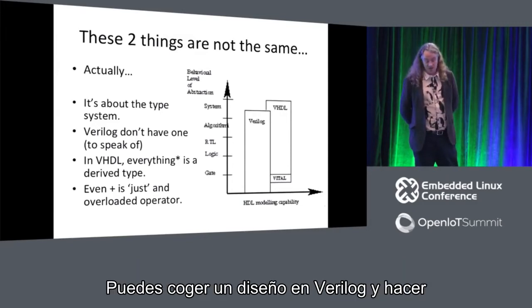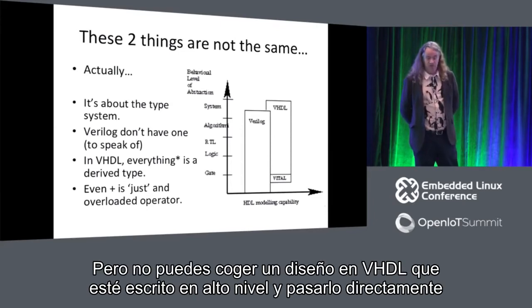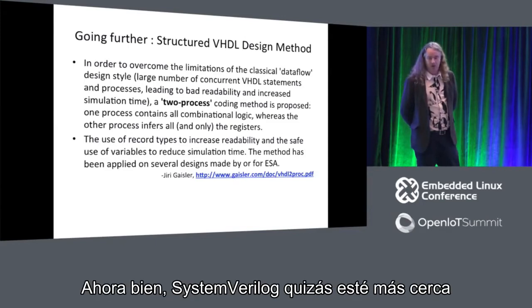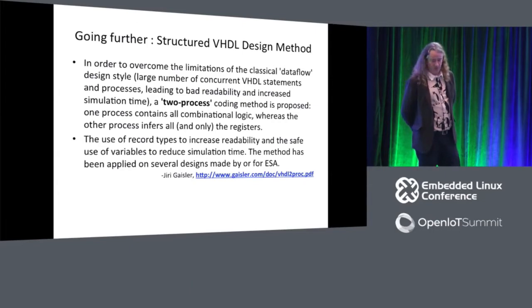You could take a Verilog design and make a netlist in VHDL, and it will be fine. You could do the other way around. But you can't take a VHDL design that's written at a high level and turn it directly into a one-for-one equivalent in Verilog. Verilog is not a rich language. Now, SystemVerilog may be closer, but VHDL is not a netlisting language.